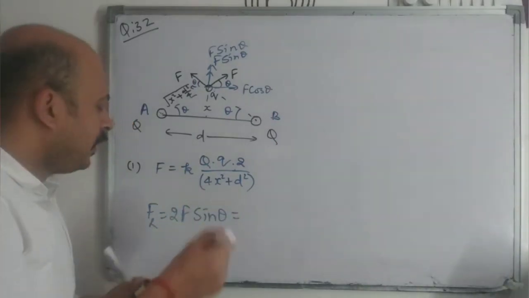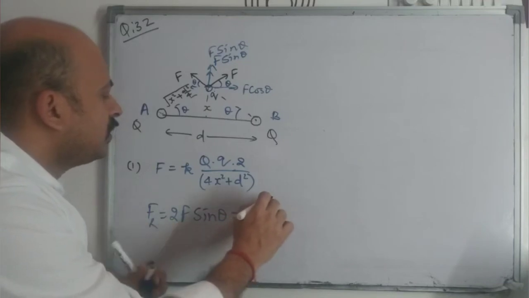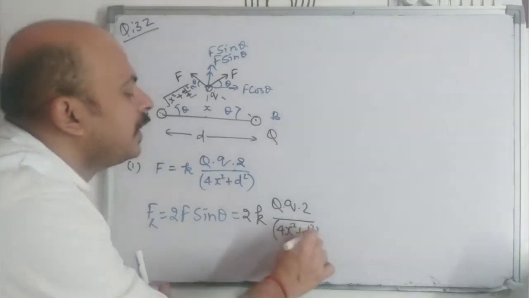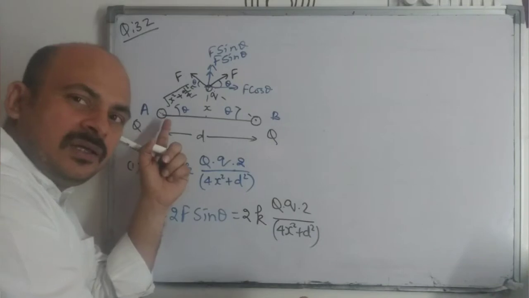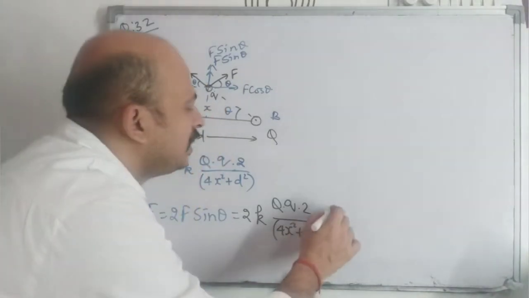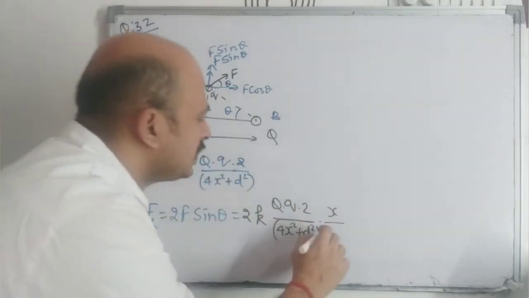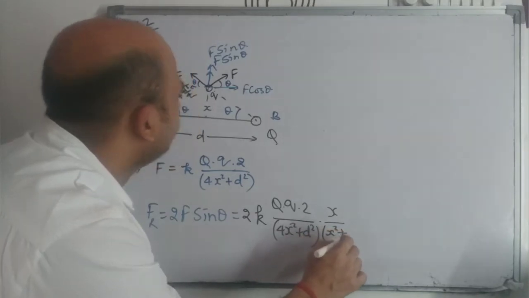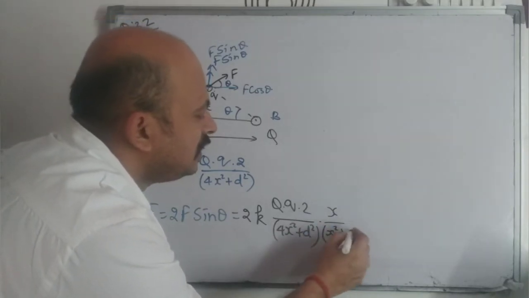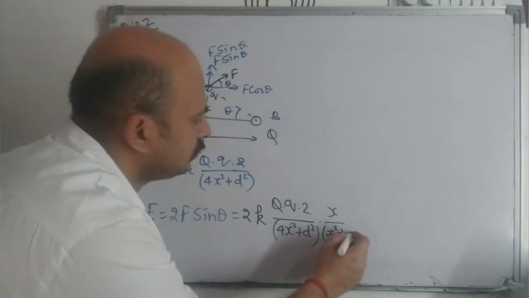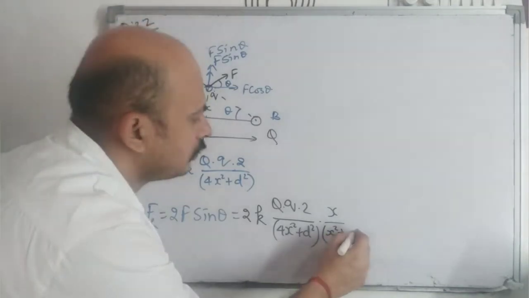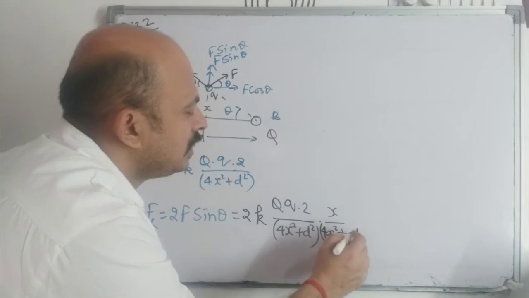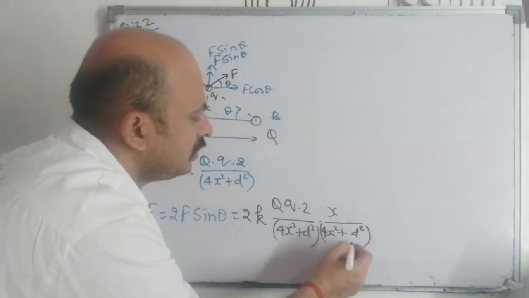What is F? F is equal to K capital Q small q times 4 upon 4x square plus d square. And what is sin theta? That is perpendicular upon hypotenuse. So it is x upon that distance, which is the square root of x square plus d square by 4, that is, the square root of 4x square plus d square divided by 2.